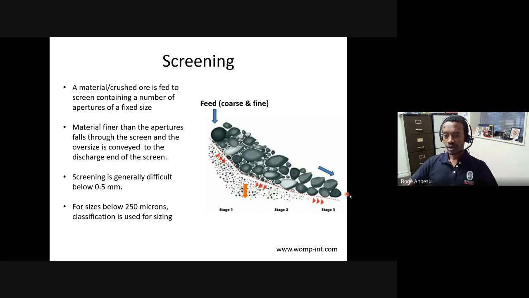When do we use screening? Typically, we use it for particles that are larger than 0.5 millimeter, so particles coarser than 500 micron. If your particles are smaller, say, for example, somewhere around 300 micron, 100 micron, and so on, we don't actually use screens because screens are not efficient for fine particles.